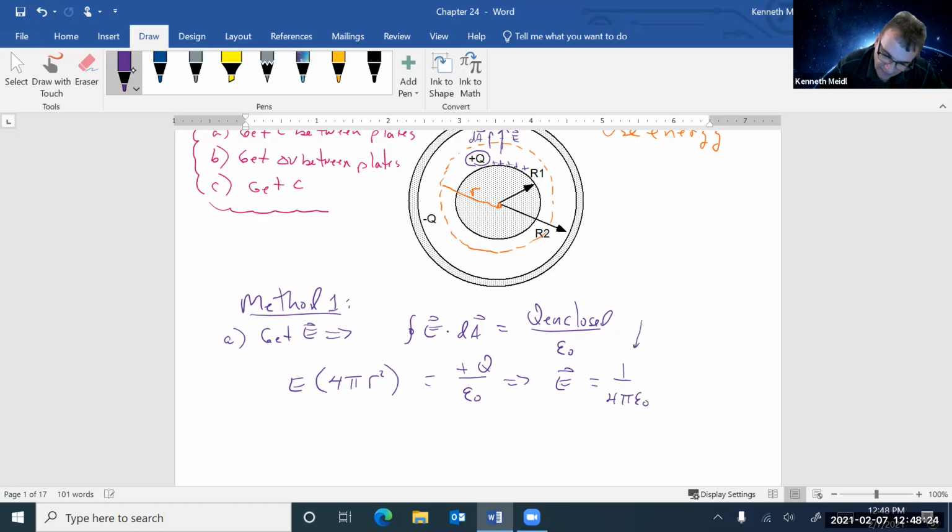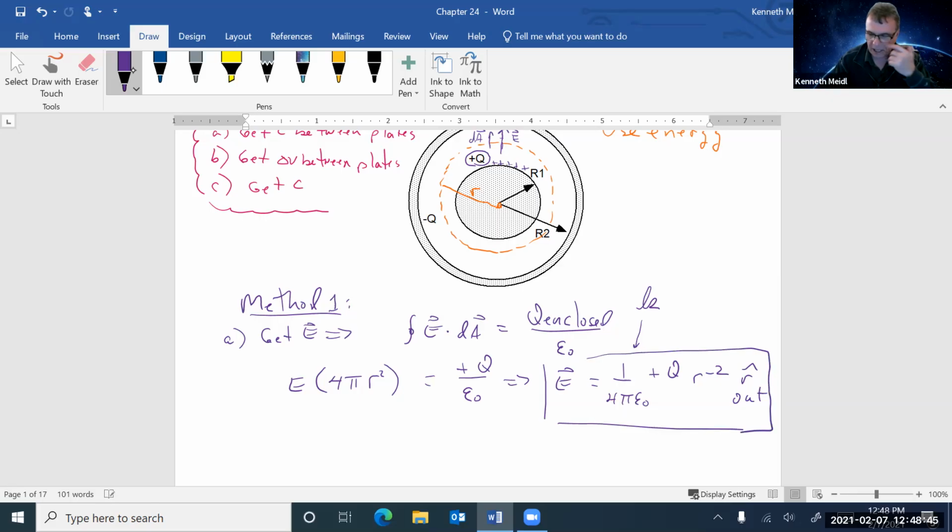So that's the same as the Coulomb constant, that's K. And then I've got plus Q on the top, and R squared on the bottom, and this is radially outwards, right? So my electric field can be written like this. And I'm going to write it like that because I know eventually I'm going to have to integrate this thing. So having something that looks like powers is pretty easy to handle there.